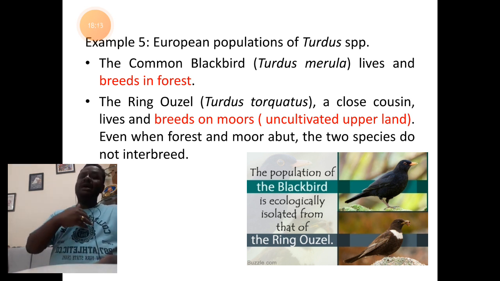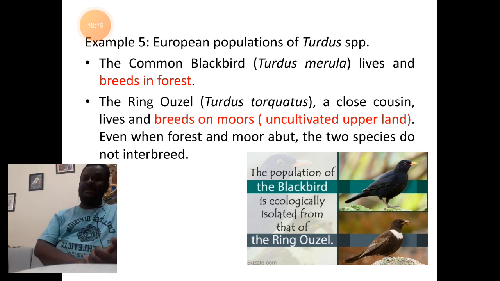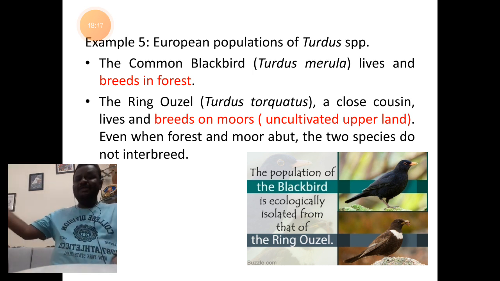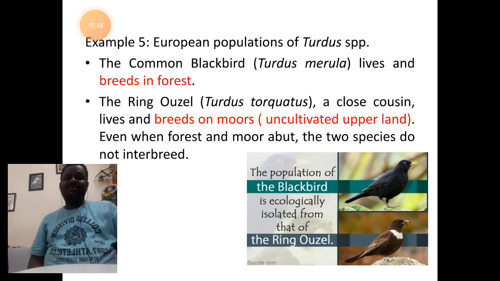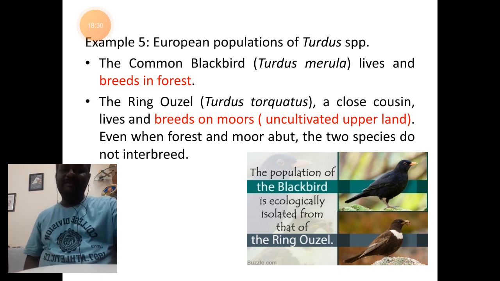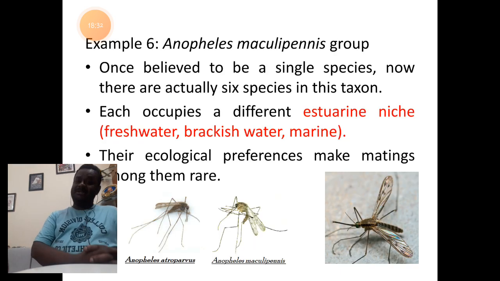Moors refers to a large uncultivated upland area. Some live in forest, some live in the open land area. So their breeding time is also different, breeding place is different. So they never undergo mating. An example of reproductive isolation related to habitat.